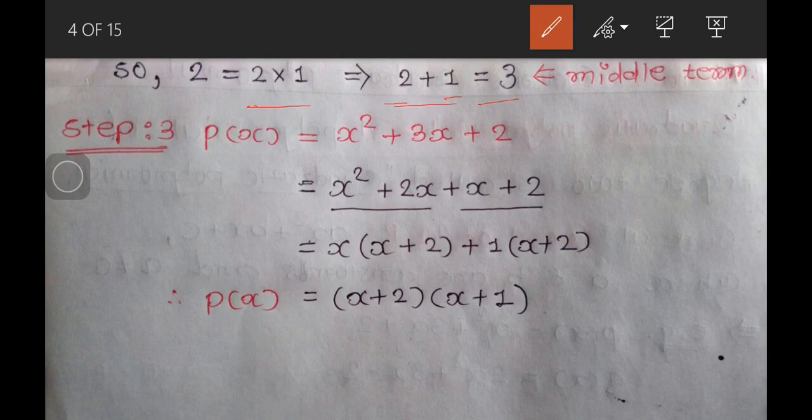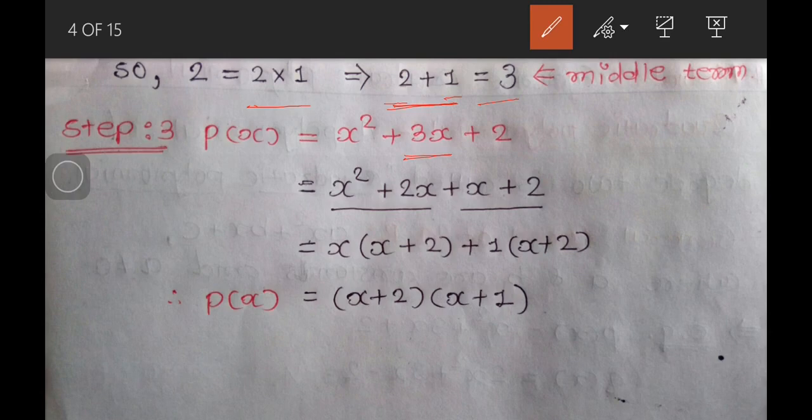Now p of x is equal to x square plus 3x plus 2, as given. Now here we split the middle term as we found in step number 2. Here we put x behind 2 and 1. So we get x square plus 2x plus x plus 2.